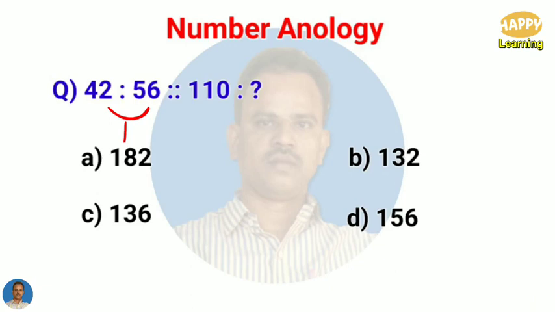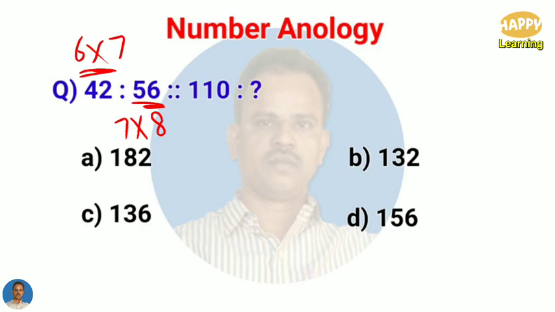So this 42 can be written as 6 7s, and 56 can be written as 7 8s.